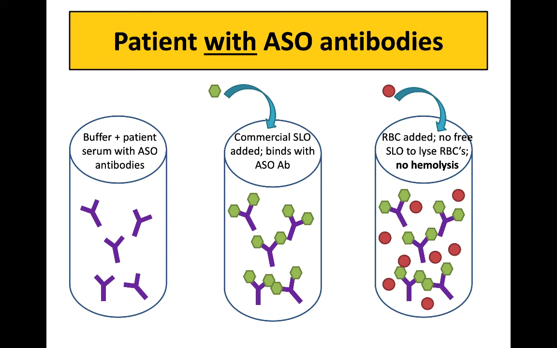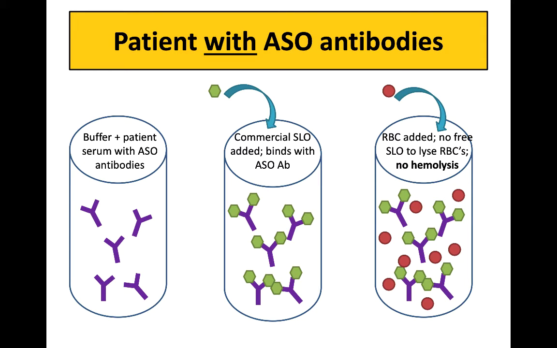If the patient has anti-streptolysin O antibodies, they will have bound to the streptolysin O that was added to the tube. If they bind it, they neutralize it. If I add red blood cells to this tube, that means the SLO has been neutralized. There is none free to lyse the red cells, and the red cells will stay whole. There should be no hemolysis.